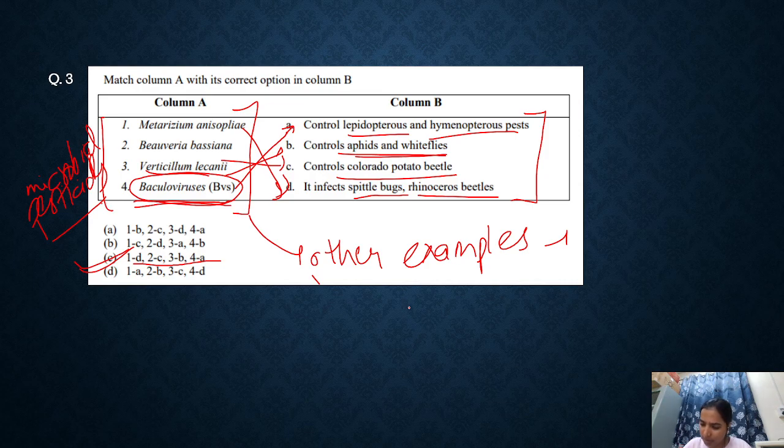Okay, someone asked a question. Ma'am, can you explain the 13th question again? Yeah, just a minute. I'll share one figure with you.